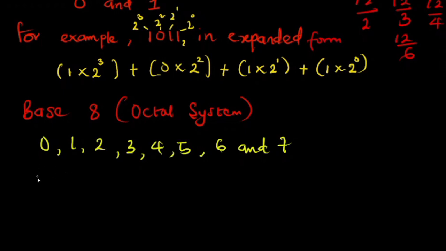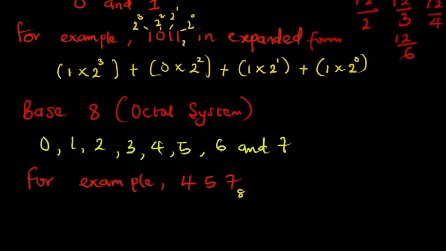Alright, so the base 8 system, let's say for example, we are to write 457 base 8. You see the small 8, it's a subscript on the number.